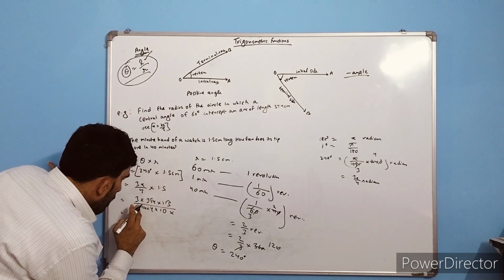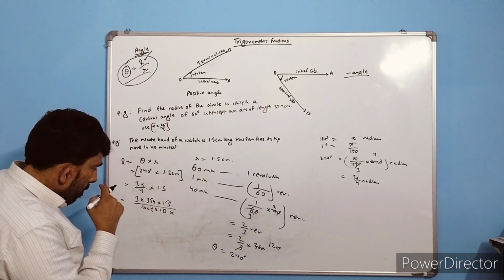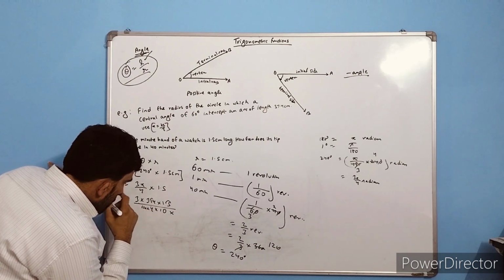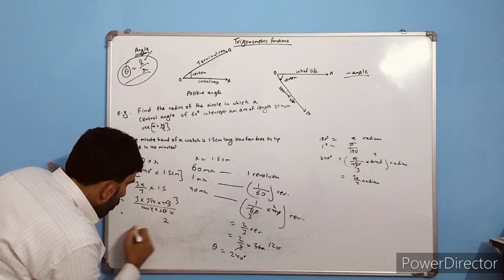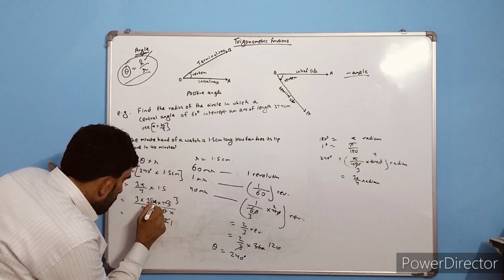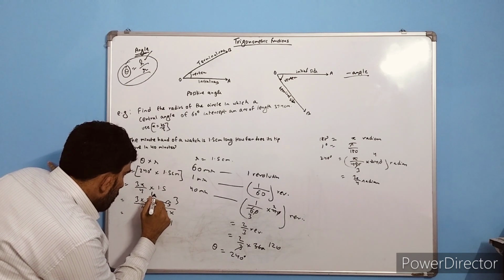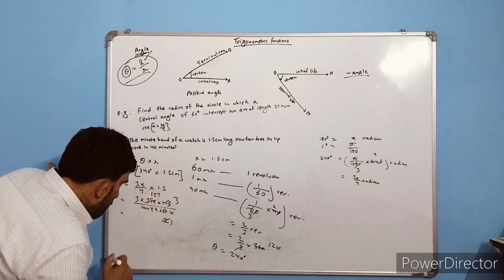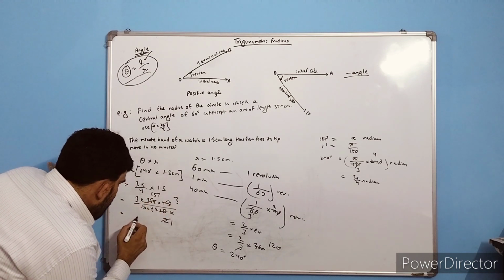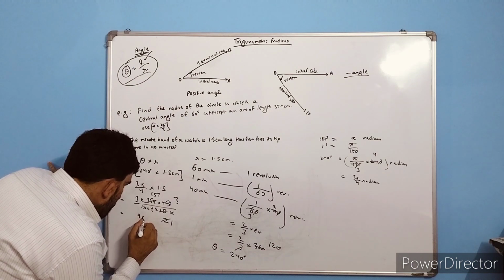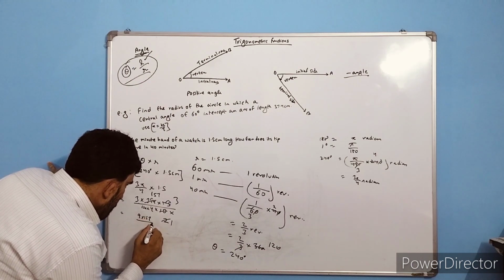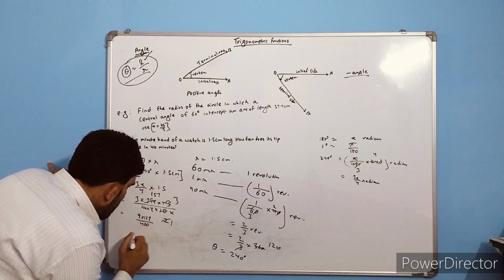Okay, so now I got this. So now what I can do is 9 into 157 upon 400.